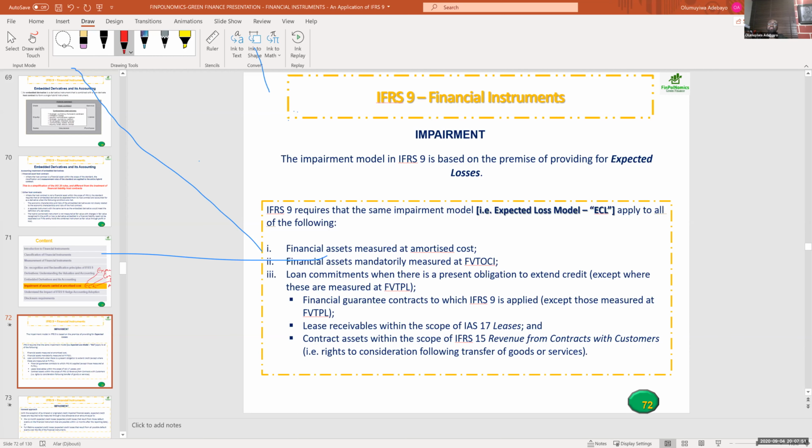Can anybody remind me or explain why financial assets classified and measured at fair value through profit or loss cannot be subjected to impairment? I'll need an answer.